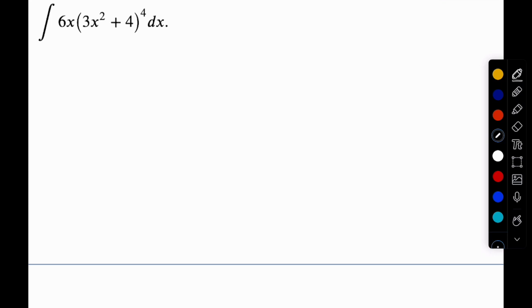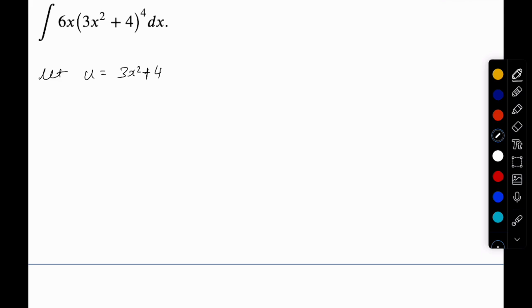Alright, guys, so here we've got a classic example. And that is the integral of 6x times 3x squared plus 4 to the power 4. So in this scenario, what we need to do first is find a value of u. So I'm going to say this: well, let u equal 3x squared plus 4.